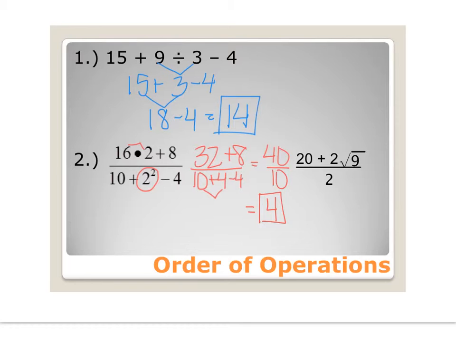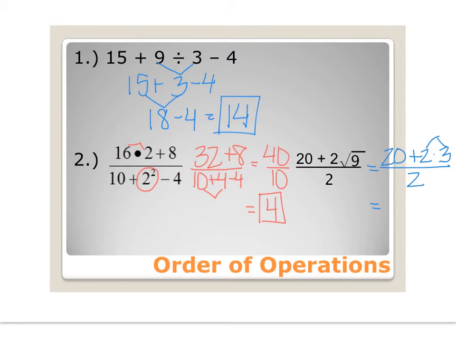Square roots. Remember square roots? They are another grouping symbol. So I need to take care of that grouping symbol first, then continue working through the problem from there. What is the square root of 9? Hopefully you're all thinking or saying it is 3. Then I continue working in that numerator because again, that's a grouping symbol.